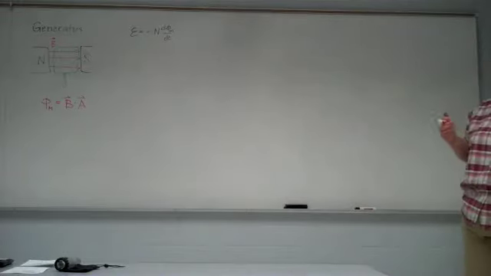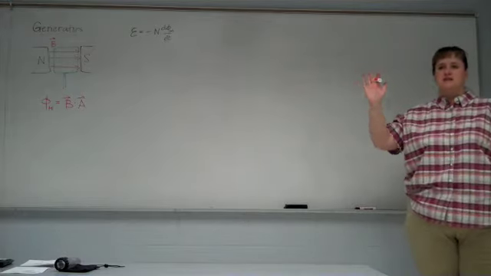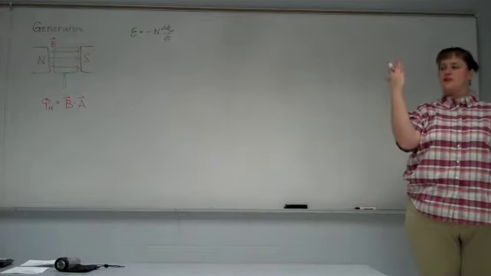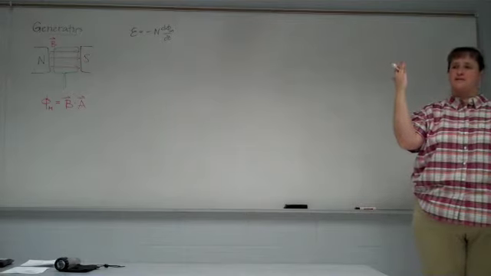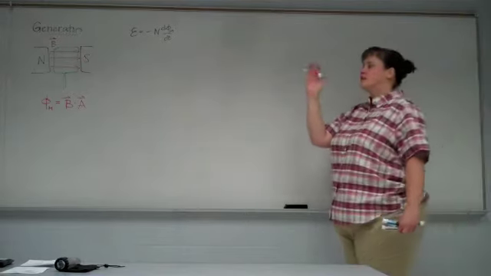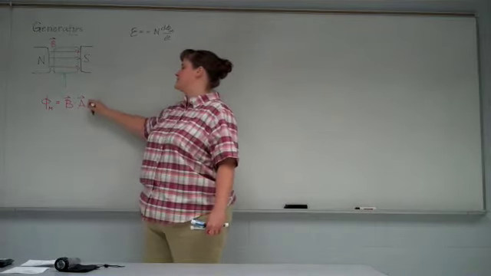With the way I've drawn it right now, none of those field lines could pass through that area. The maximum flux would occur if I could orient my coil this way, so all of the magnetic field lines are passing through it. So as we turn the coil, the angle between these changes.